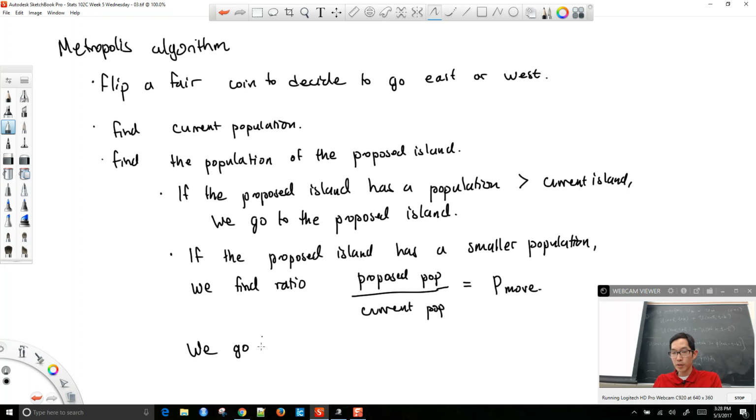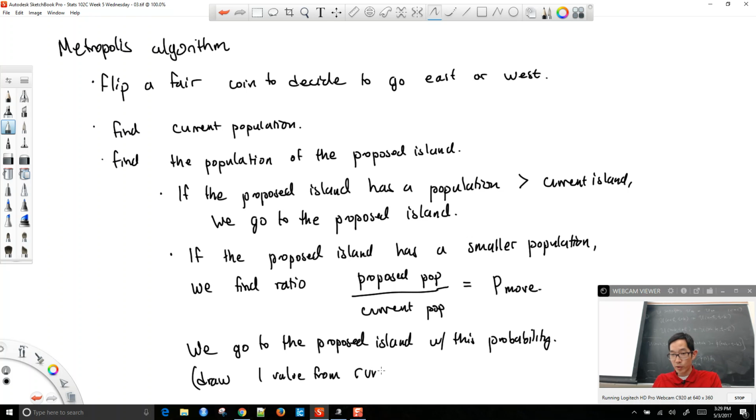We go to the proposed island with this probability. So what that looks like is, draw one value from a random uniform, and if u is less than p move, then move. Otherwise remain.